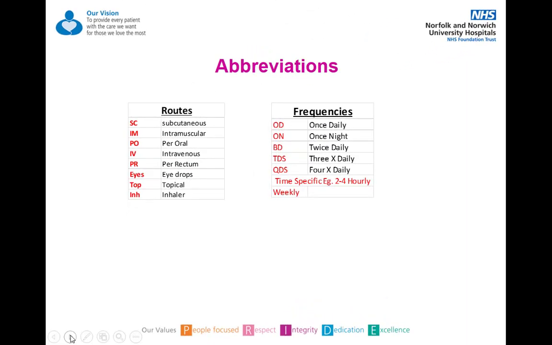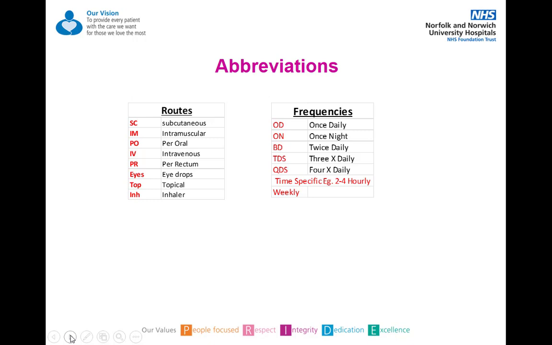So, abbreviations. On your medication charts that you are given at your NMC OSCE Part 2 for the implementation station, you might see various abbreviations on there. And these are some of the common ones. So your subcutaneous routes traditionally abbreviate down to SC.